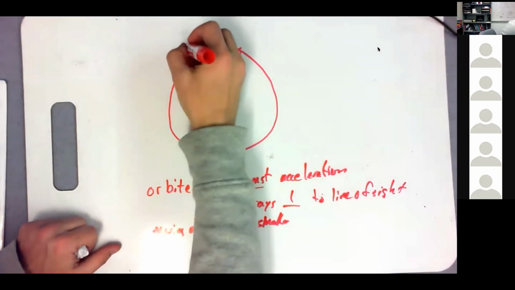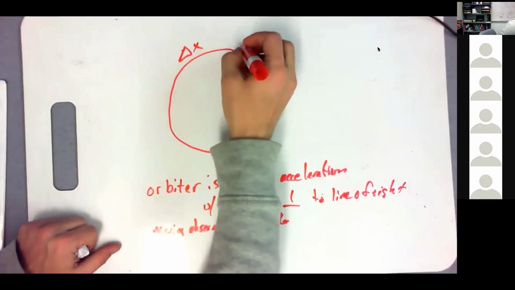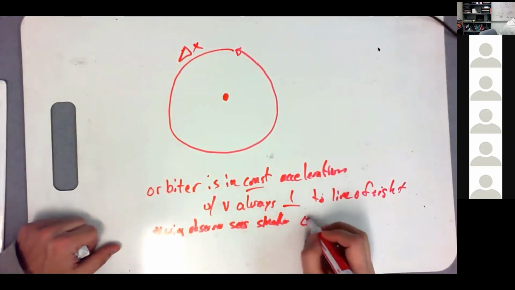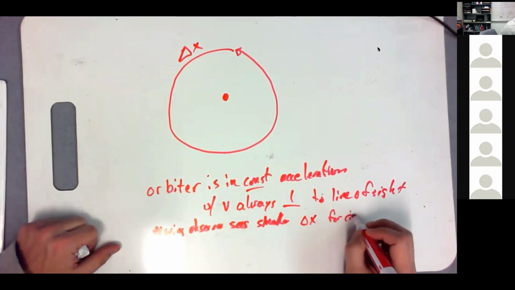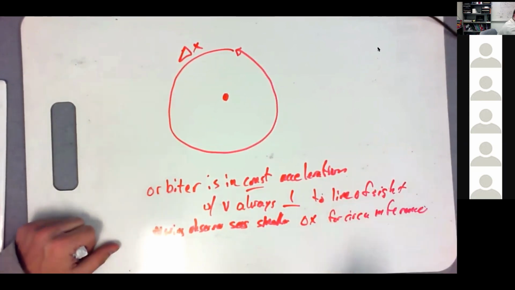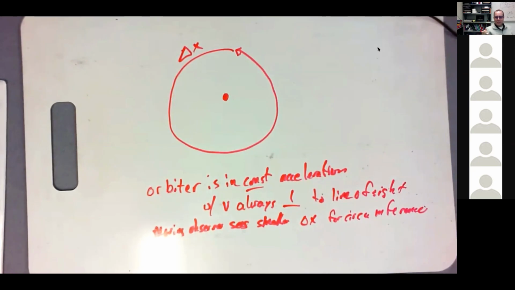Let's say delta x is the total path around one loop. Interestingly, what do they have to say about the radius?